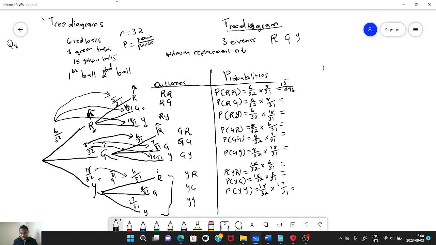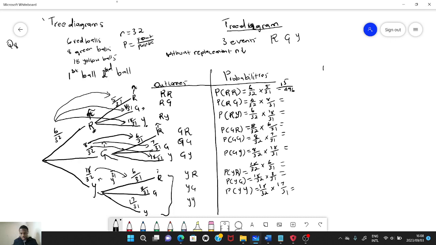And then now we multiply by 8 over 32. Now we multiply by 7 over 31. Now we have 7 over 124. Sorry. And then we have 8 over 32 multiplied by 18 over 31. Now we have 9 over 62, right?